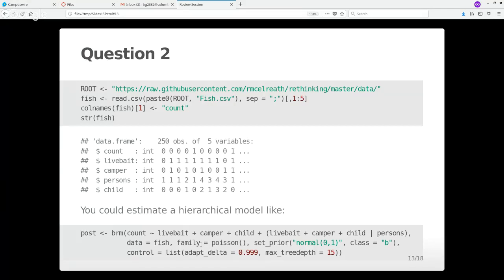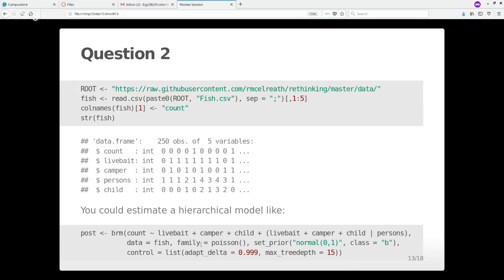And so one of the things you can do about that is estimate what's known as a zero-inflated Poisson or a hurdle model. Those are actually slightly different things, but the basic idea is, first there's a Bernoulli random variable that indicates whether the count is 0 or positive.